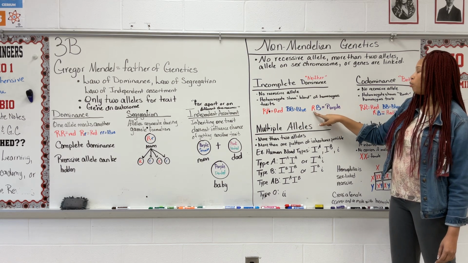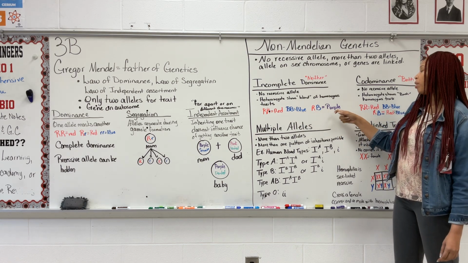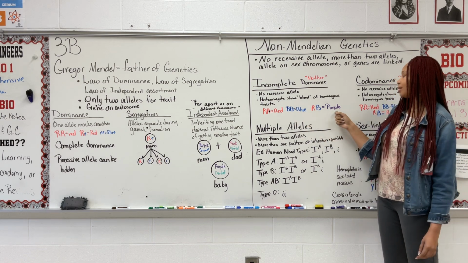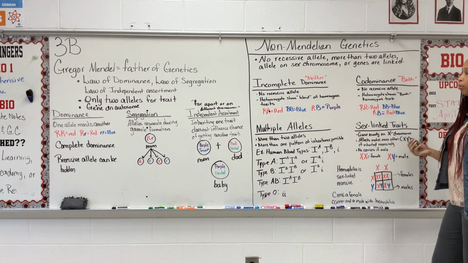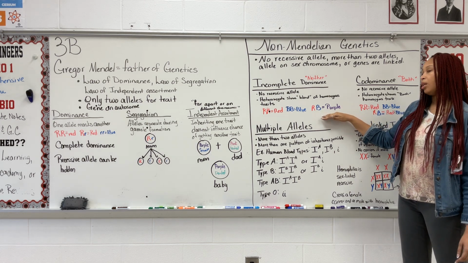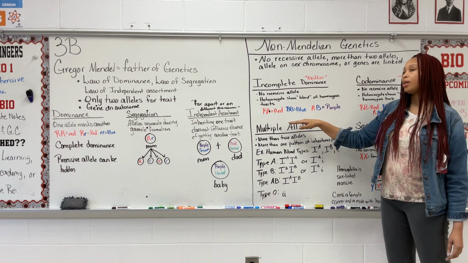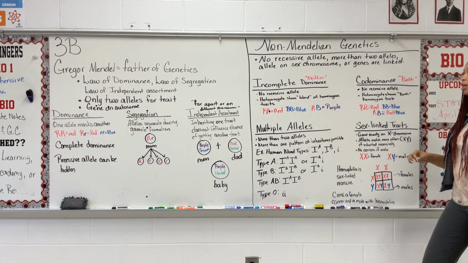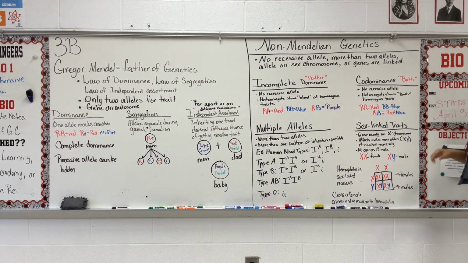But notice when I have one red and one blue, I get a third phenotype that is neither red or blue. It is instead a blend of red and blue, which is purple, okay? So my heterozygote is going to be a blend in the phenotypes. Also notice I did not use a lowercase letter because there is no recessive allele, and lowercase letters indicate a recessive allele.